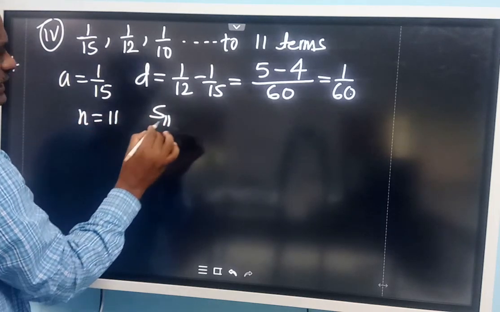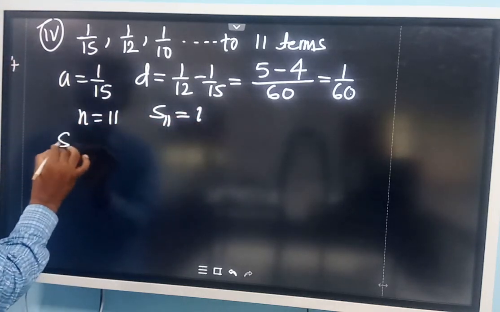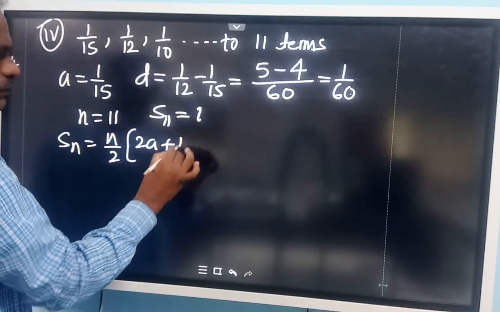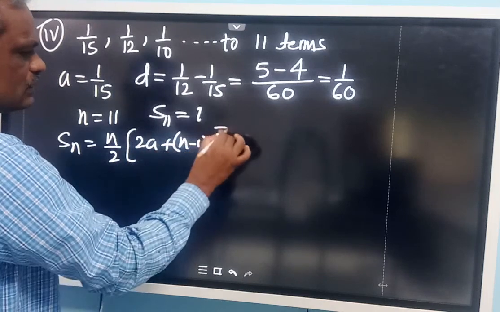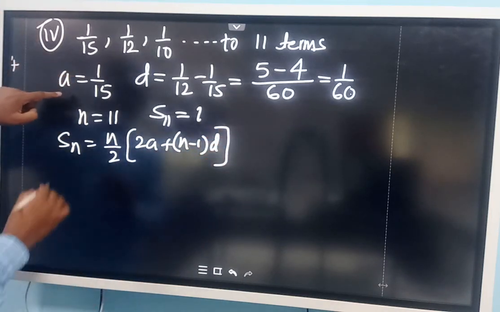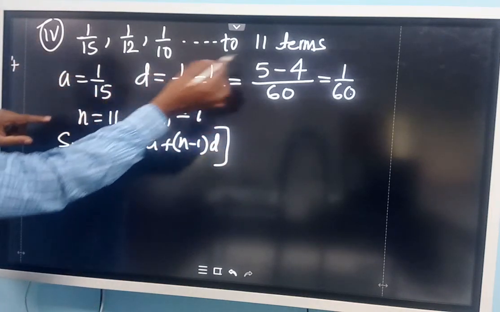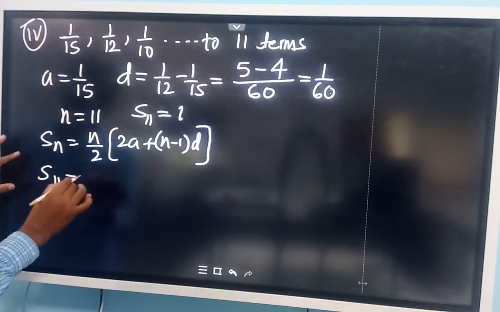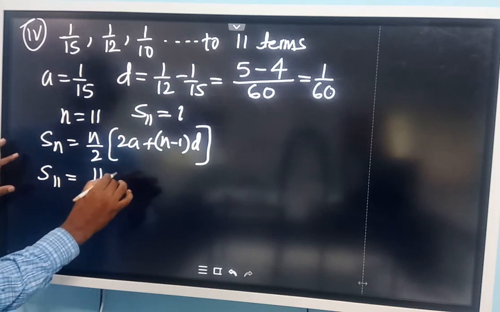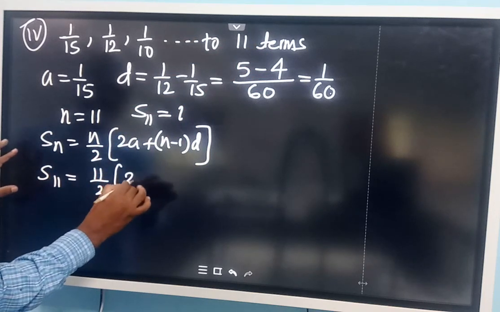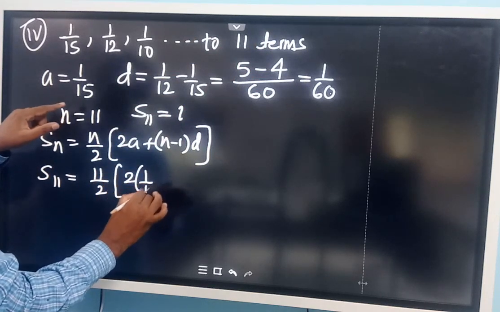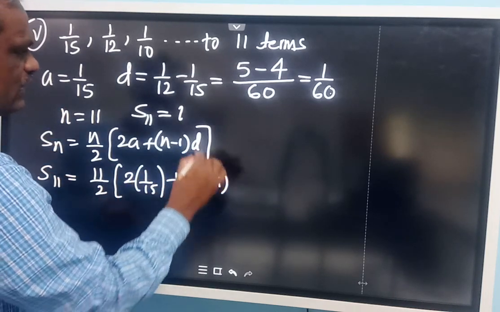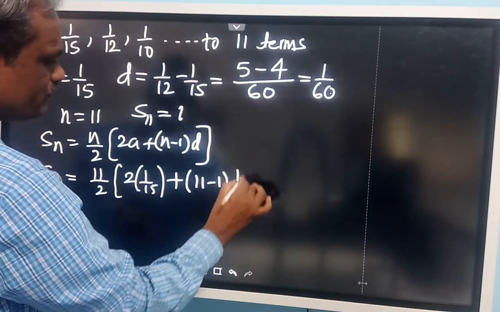So now we have 11 terms, n is equal to 11. We want to find the S11. Let us use the formula Sn is equal to n by 2 into 2a plus n minus 1 into d. So substitute here. S11 is 11 by 2, 2 into a value, 1 by 15, plus 11 minus 1 into d value, 1 by 60.